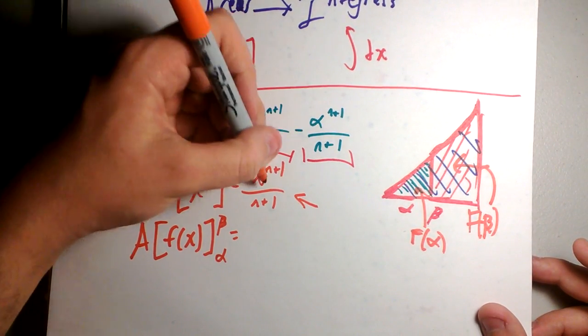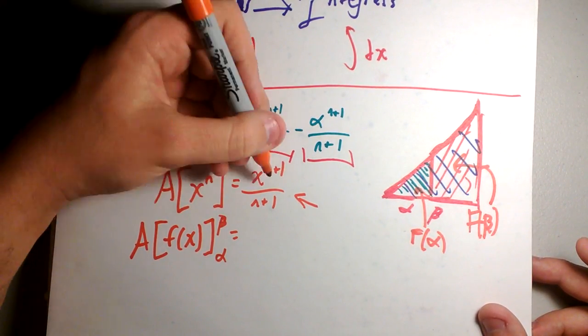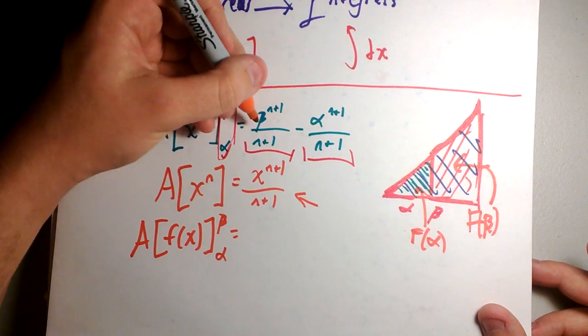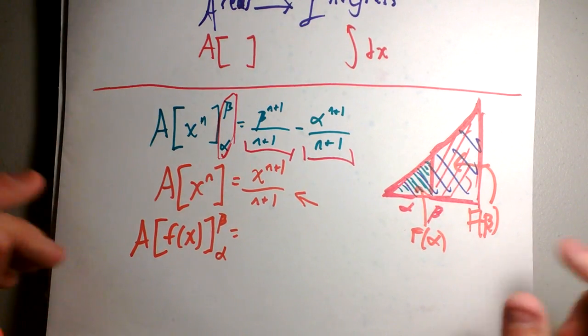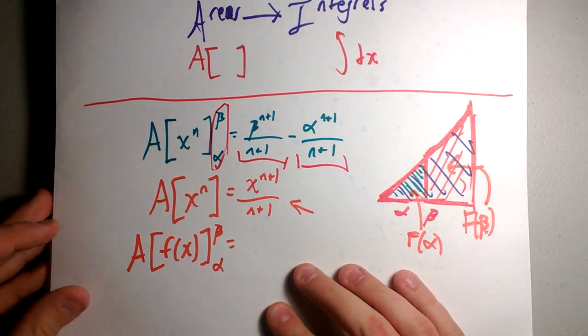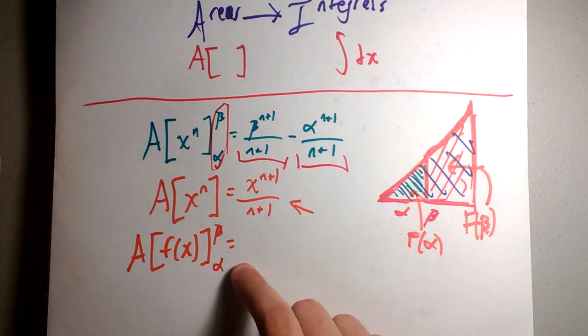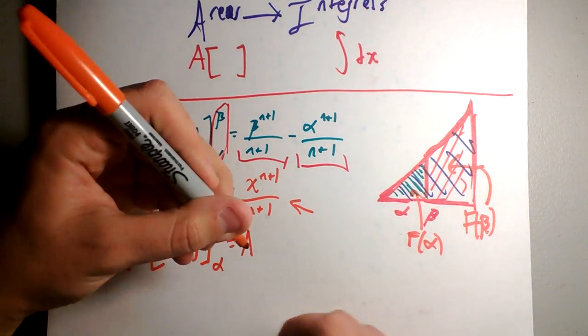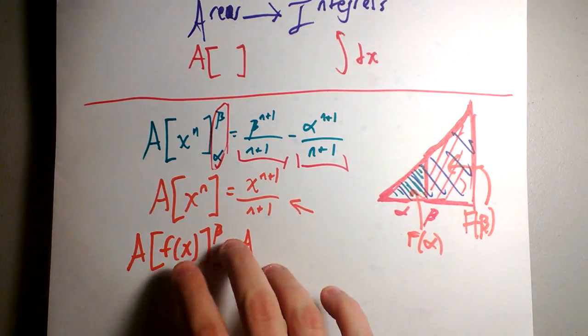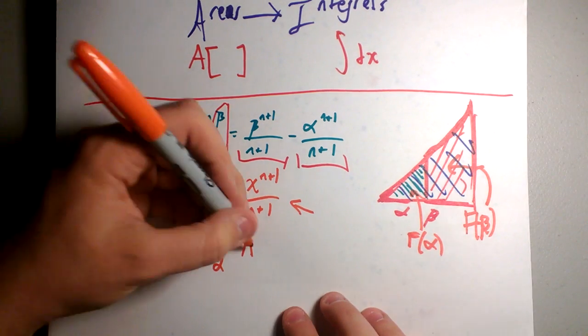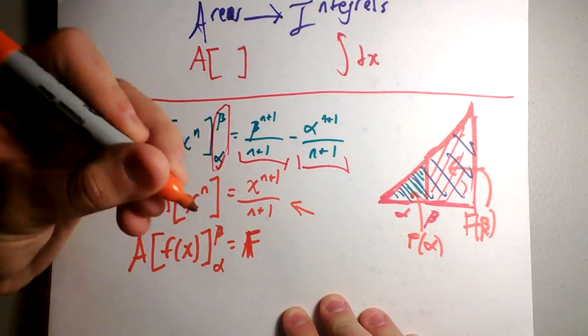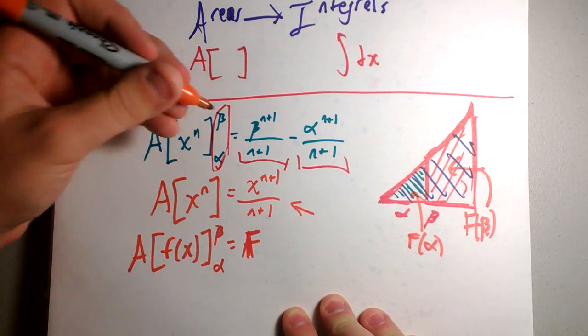You're plugging in beta, then subtracting this. Oh, you plug beta into this, then subtract it from alpha plugged into this for x. So we want this pattern to be identified. What we're actually doing is I just use capital F for the area. So yeah, let's do that. Capital F would be the area function when you calculate it.